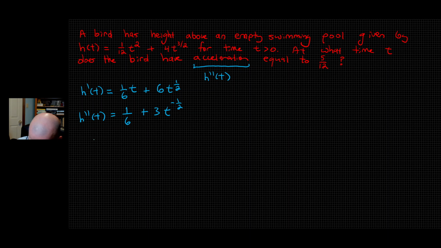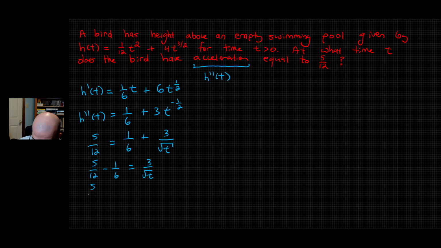Then I'm going to set this equal to 5 over 12. And I'm going to rewrite t to the negative 1/2 as the square root of t using the rules of exponents. We need to rearrange and get t all by itself. So I'm going to subtract 1 over 6 from both sides. 5 over 12 minus 1 over 6 equals 3 over the square root of t.